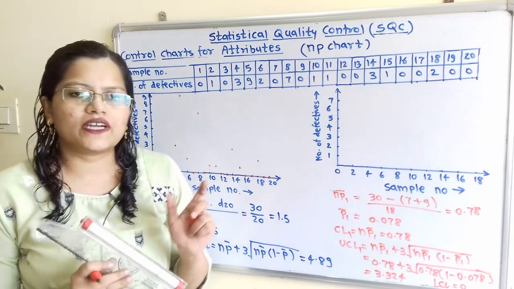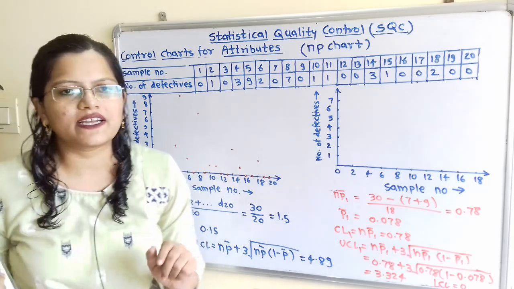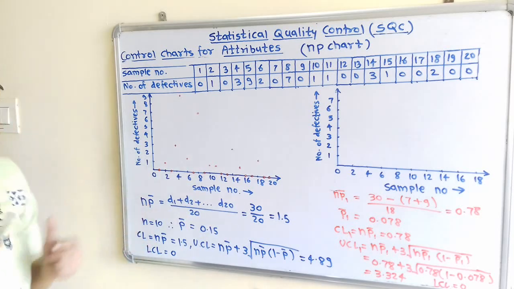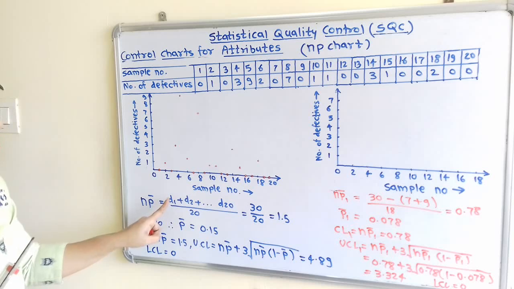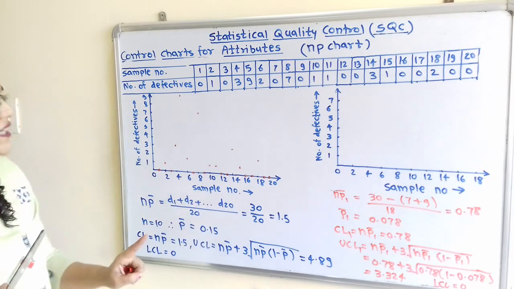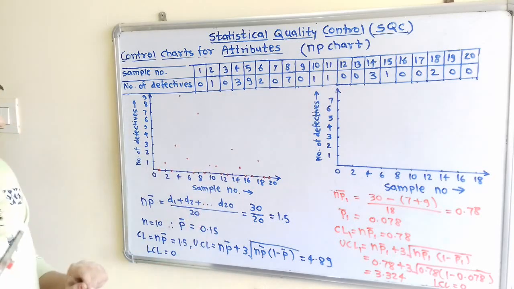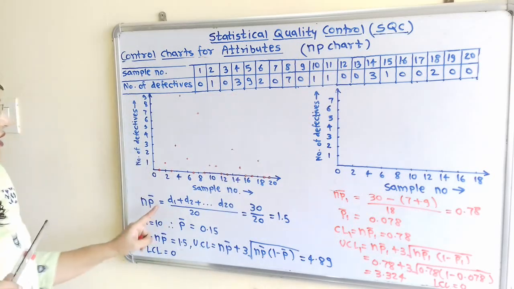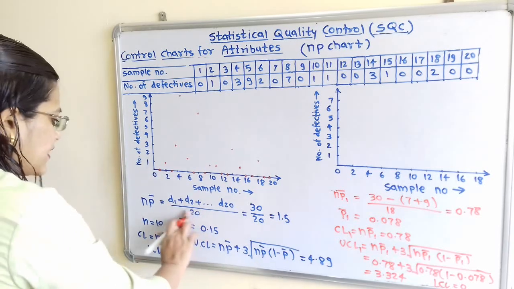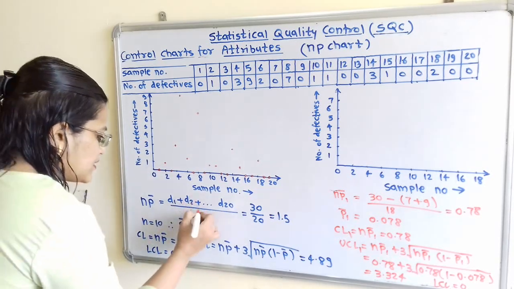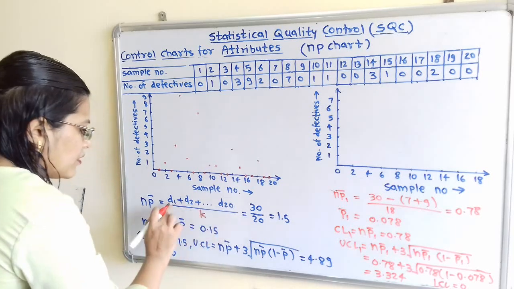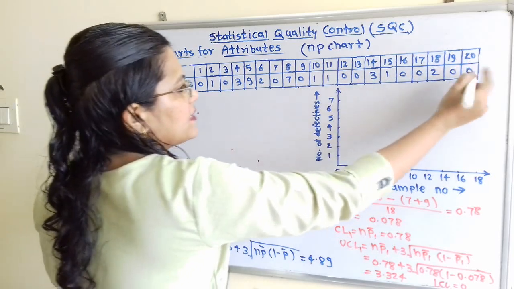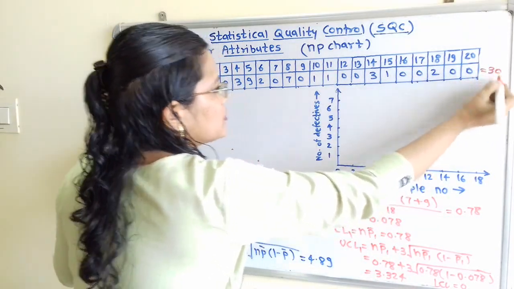Now we will calculate the control limits. For the center line, the control limit is NP bar. How to calculate NP bar? We have the formula D1 plus D2 up to D20 divided by K, the total number of samples. Adding all these defectives, the total is 30.